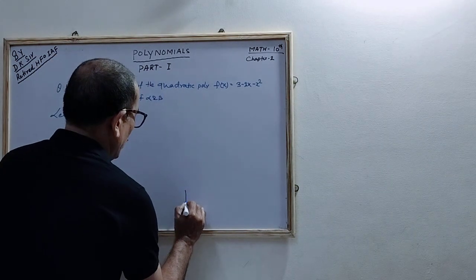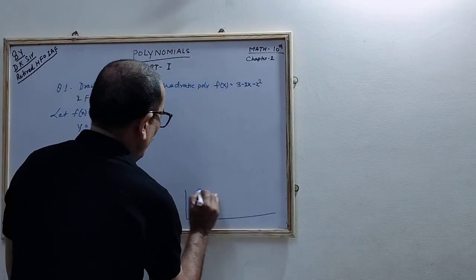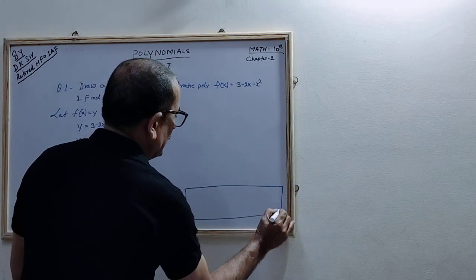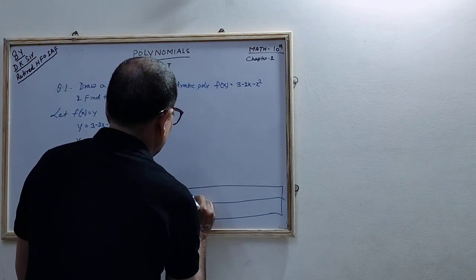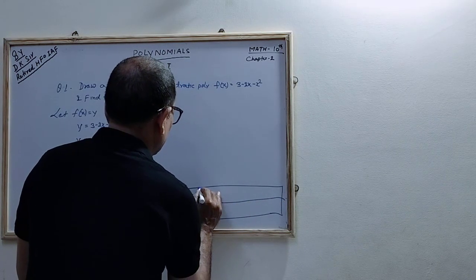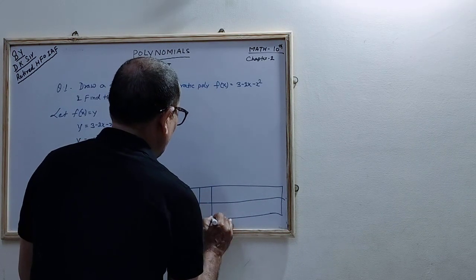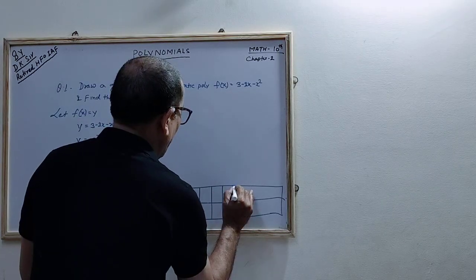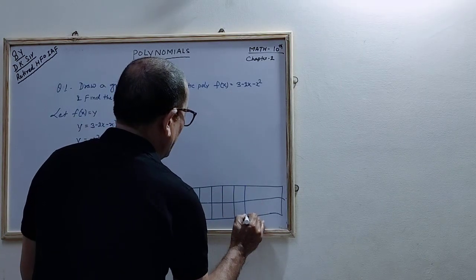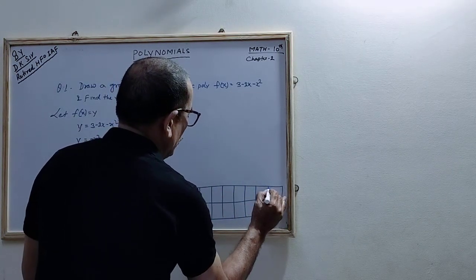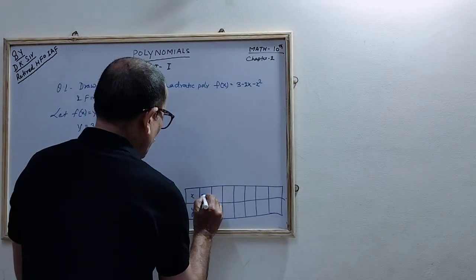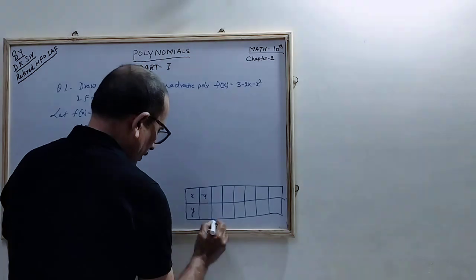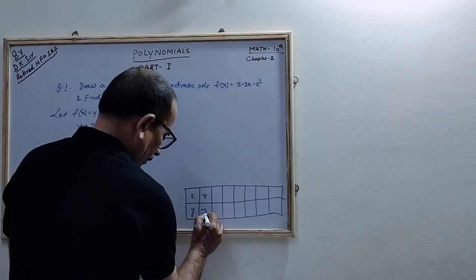So here you make a tabular form where you can write the x and y values. Correct? You write x on top and y on the bottom. There is no hard and fast rule. Correct? You can write y on top, x on the bottom. It depends upon you. So we will take the values. Suppose we take x as minus 4, then we get y as minus 5.